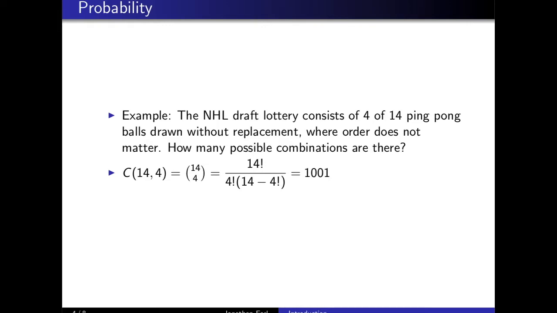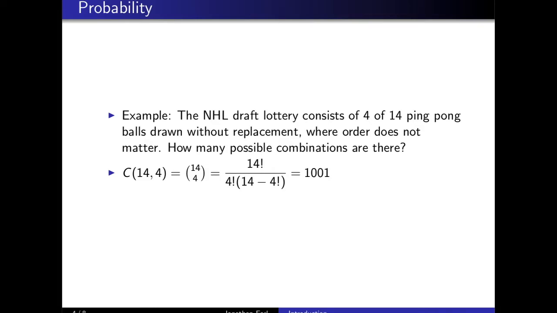So the way that the draft lottery works is they assign to each team, based on where they finished in the standings from the year before, a certain number of these combinations. So there's a 1, 2, 3, 4, a 1, 2, 3, 5, 1, 2, 3, 14, 6, 9, 11, 13, and so on.